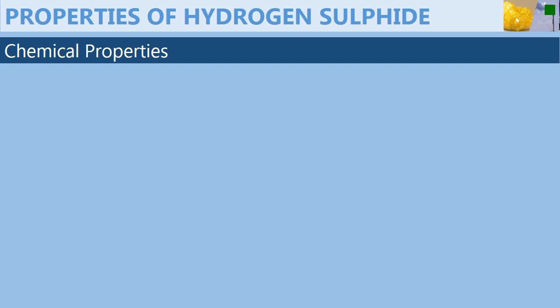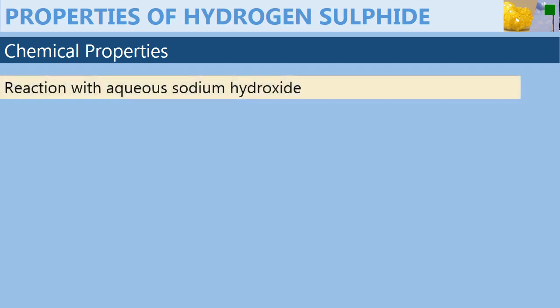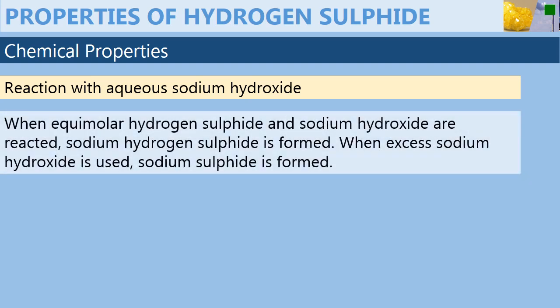The final chemical property of hydrogen sulfide is the reaction with aqueous sodium hydroxide. When equal moles of sodium hydroxide and hydrogen sulfide are reacted, sodium hydrogen sulfide is formed.